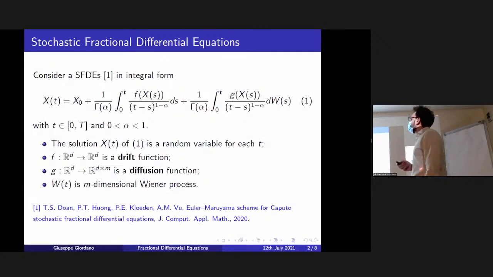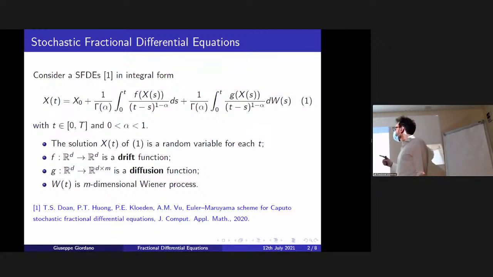First of all, I would like to introduce the definition of stochastic fractional differential equation in its integral formulation, described by equation 1, where f and g are the so-called drift and diffusion functions of the equation, and W(t) is an m-dimensional Wiener process.